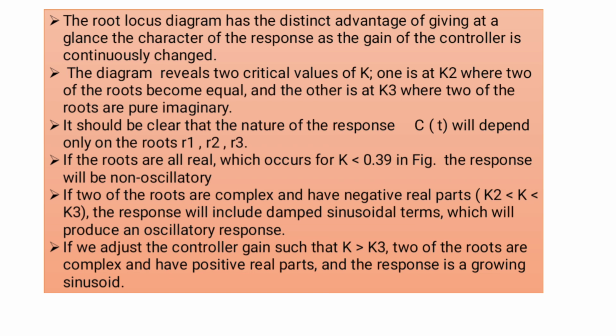If two of the roots are complex and have negative real parts, K2 less than K less than K3, the response will include damped sinusoidal terms which will produce an oscillatory response. If you adjust the controller gain such that K is greater than K3, two of the roots are complex and have positive real parts, and the response grows sinusoidally.